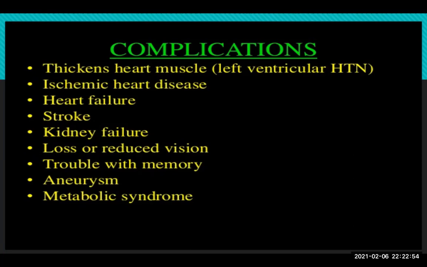Loss of vision is our topic. So remember, one of the complications of hypertension is the loss or reduction of vision. Its effect on the cerebral circulation may also affect the vision, secondarily from the central nervous system.